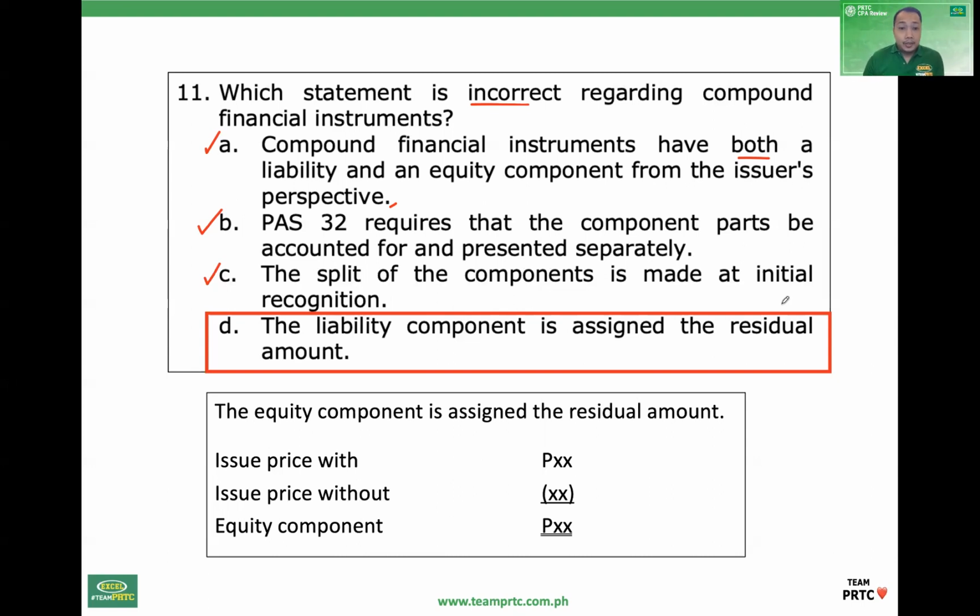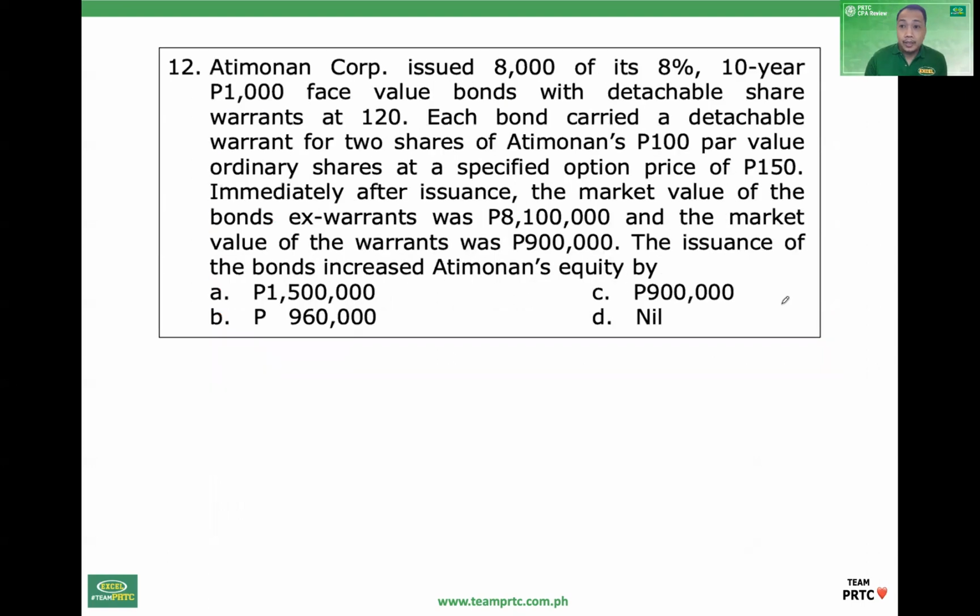Okay, so to illustrate, number 12, bonds with warrants. The requirement, increase in equity. So the entity issued 8,000, 8% 10-year, 1,000 face value bonds with detachable share warrants at 120.